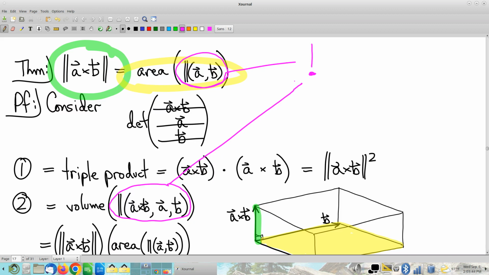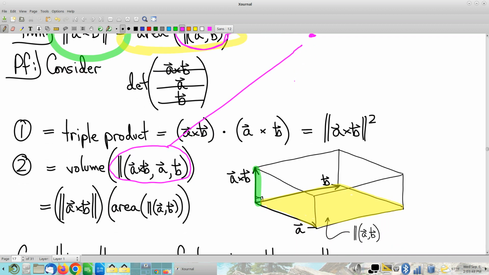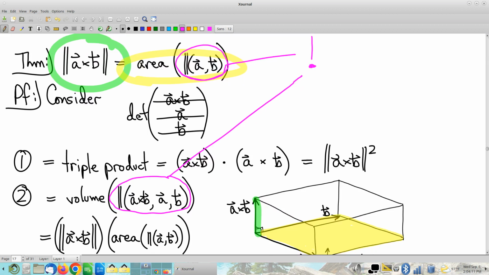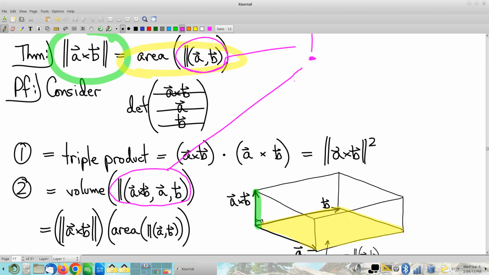This means the parallelogram defined by A and B, and that's what we're looking at a picture of down here, this yellow parallelogram. This notation down here, two parallel lines followed by three vectors, means this entire parallelepiped, defined by the cross product and A and B. Okay, that's just a notational thing. I saw it once somewhere. I would guess either that or I made it up, but I'm pretty sure I saw it somewhere. Either way, I like it and I'm popularizing it.